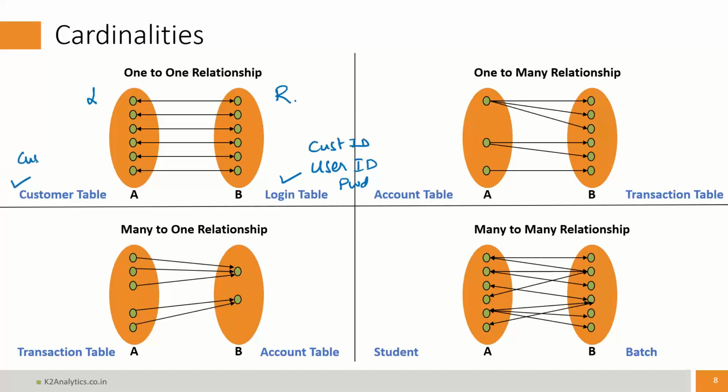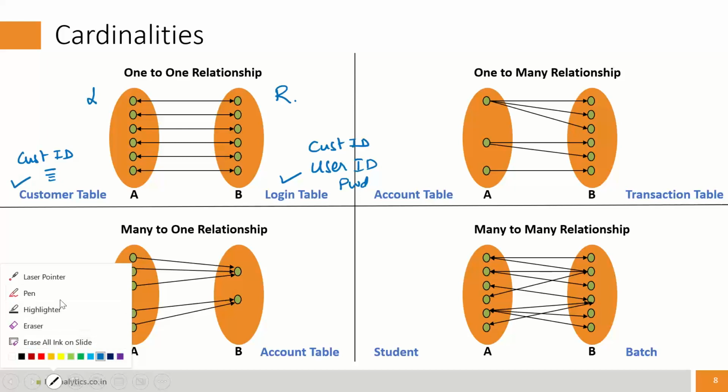Customer table will have customer ID and all details of the customer. So common identifier is customer ID. And obviously, one customer will have one user ID, login ID, password. So the join between these two tables would be a one-to-one join.